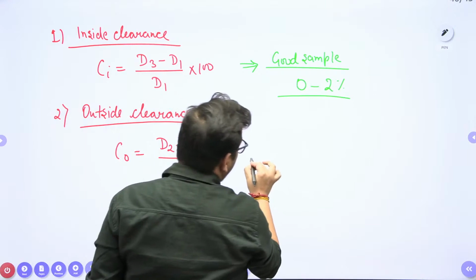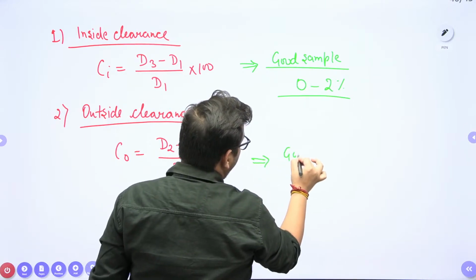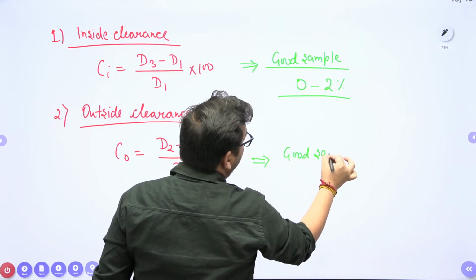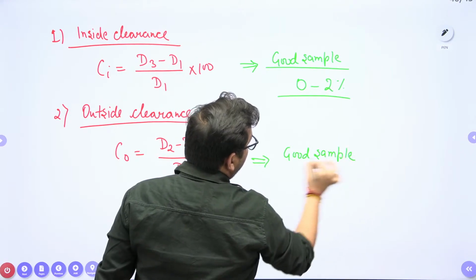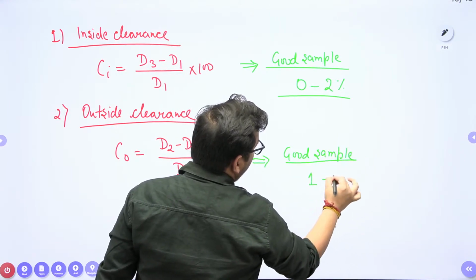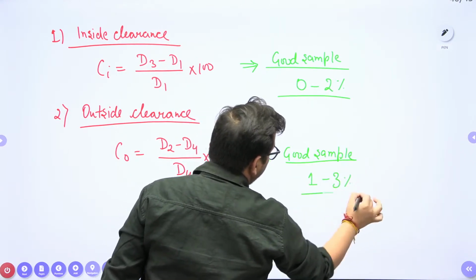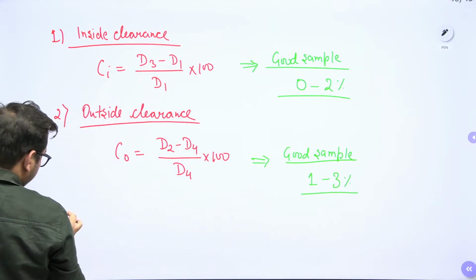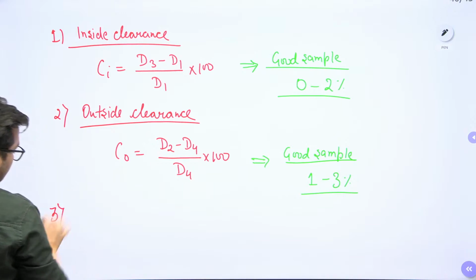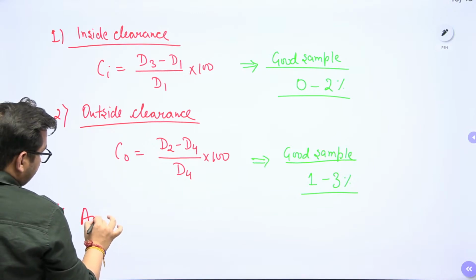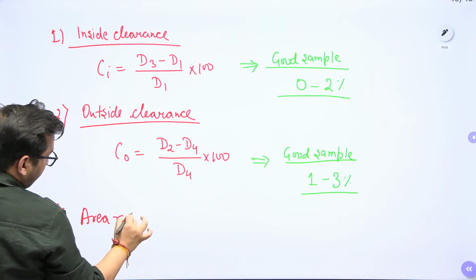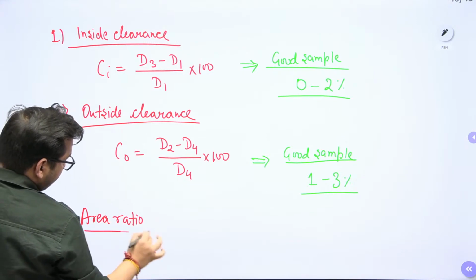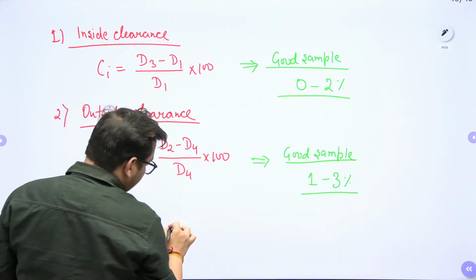For a good sample, this value should be in between 1 and 3%. There is another term which we call the area ratio, AR.